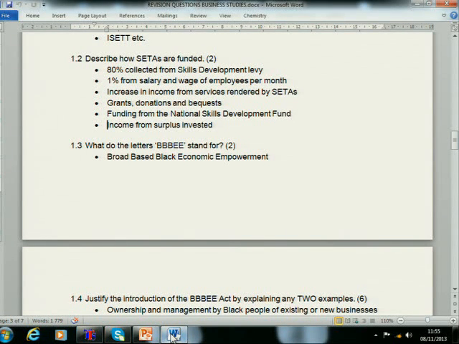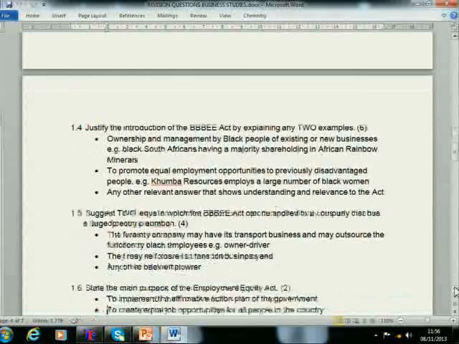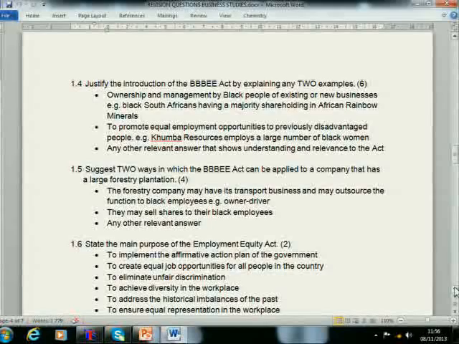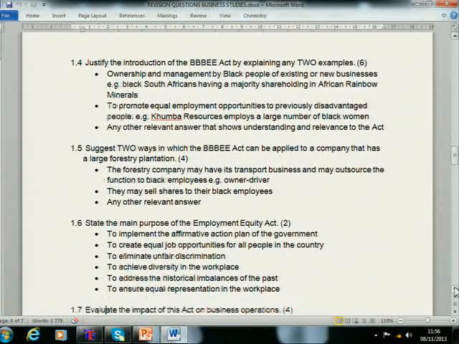Broad-based black economic empowerment. 1.3: justify the introduction of the BBBEE Act by explaining any two examples. In other words, if you know the BBBEE, you should be in a position to apply the knowledge that you have acquired.